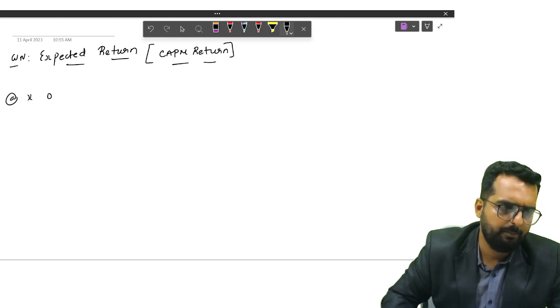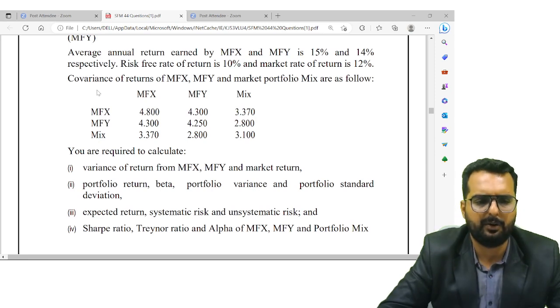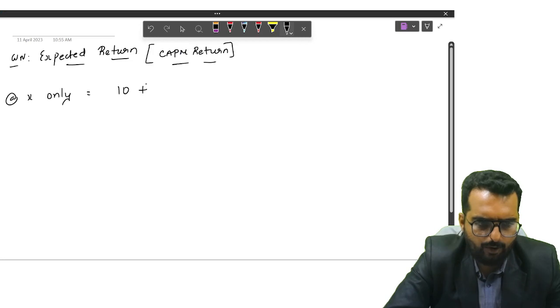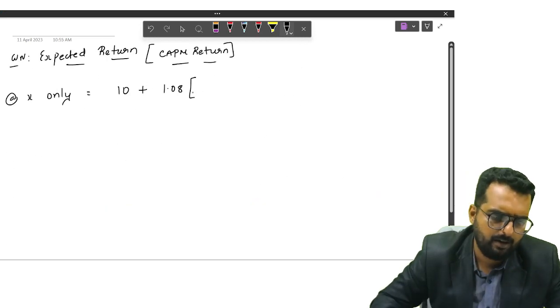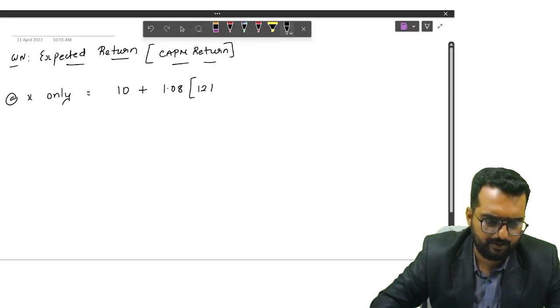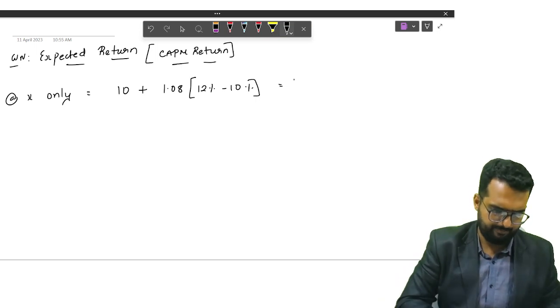So I'll take the first one, mutual fund X only. Formula will be RF. How much is the RF that you have over here? 10 plus beta. What is the beta for X that we found out? 1.08 into RM minus RF. How much is the RF that you have? Into RM minus RF.